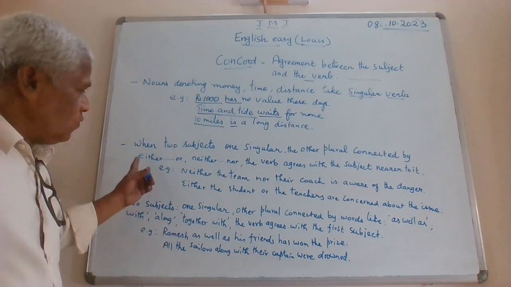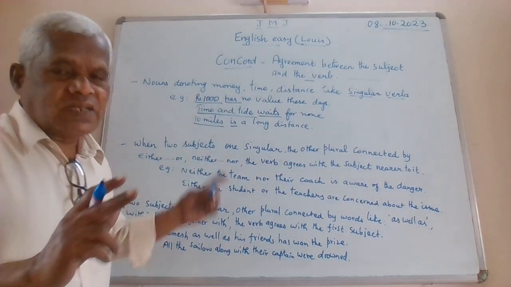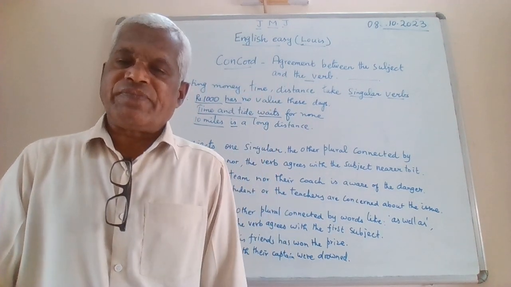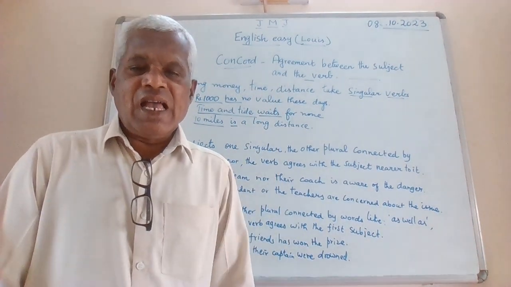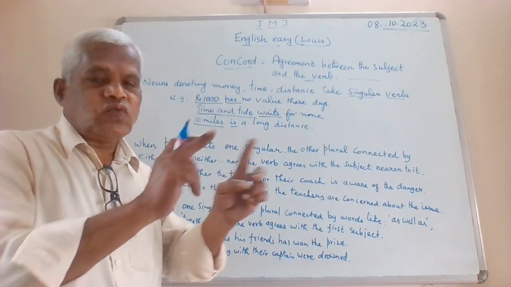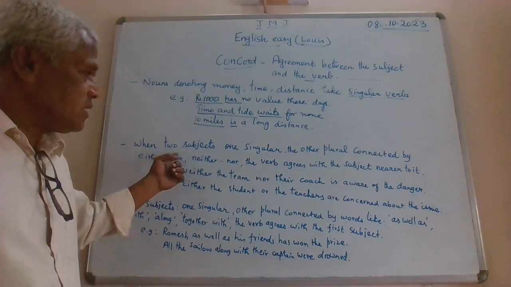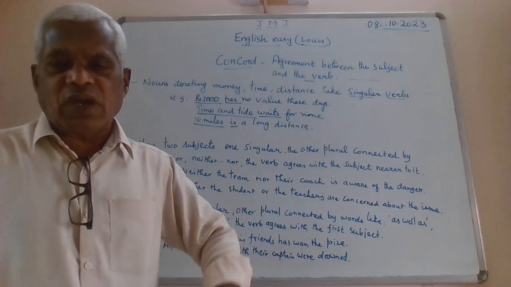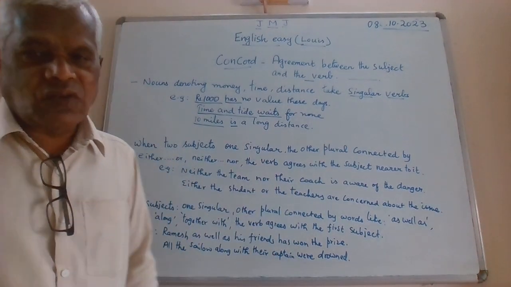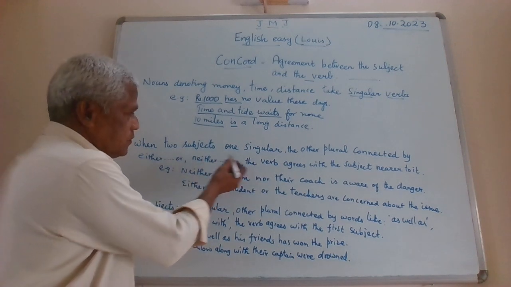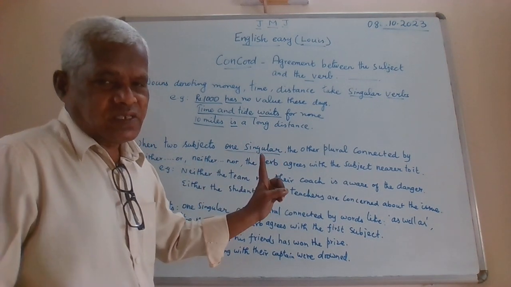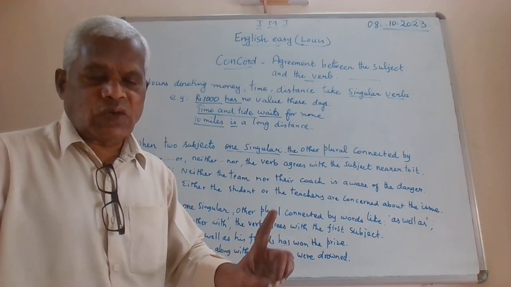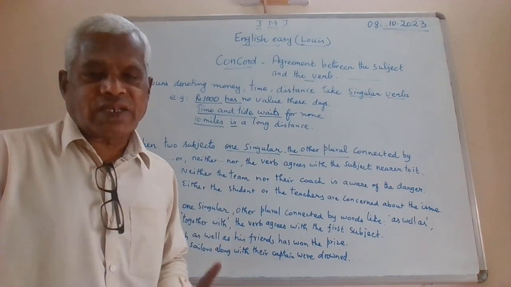See now, remember there are sentences in English where you will come across two subjects. When you have two subjects in a sentence, sometimes those two subjects may not both be plural or both be singular. So remember that. If one subject is singular, the other subject is plural, but both are subjects.